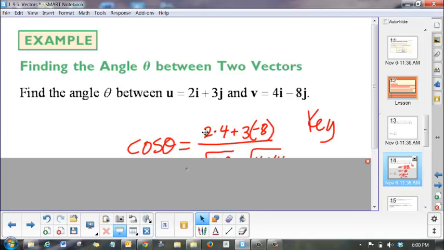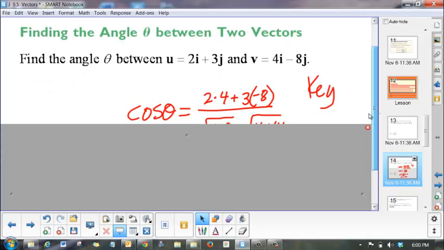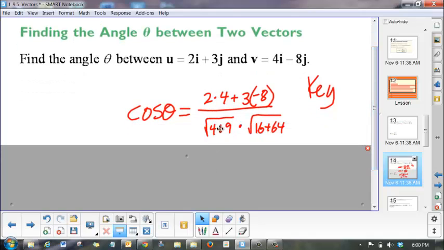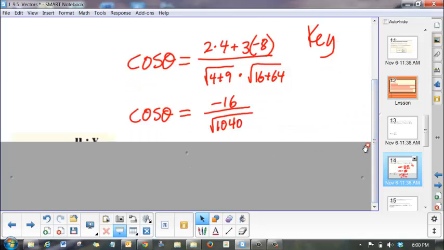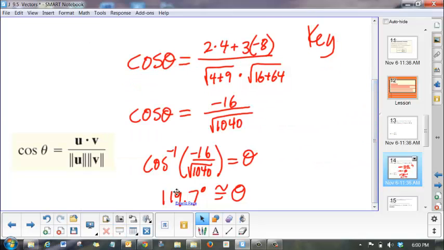Cosine of the angle, we did the dot product here in the numerator. We found the magnitude of u here times the magnitude of v right here, and we work all of this out, and we get 119.7 degrees. So you could just take cosine inverse of that and you get your angle.